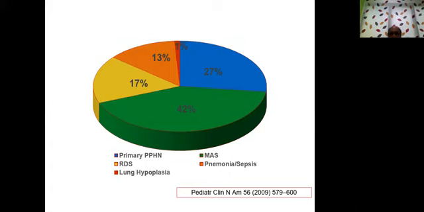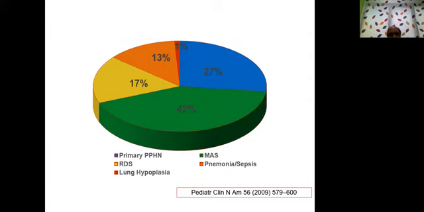Now, when you look at the causes, 42% of pulmonary hypertension is because of meconium aspiration syndrome. 17% is because of respiratory distress syndrome, and primary PPHN contributes around 27%.